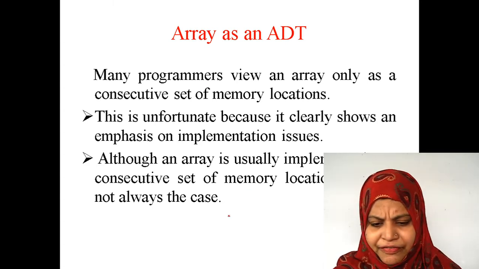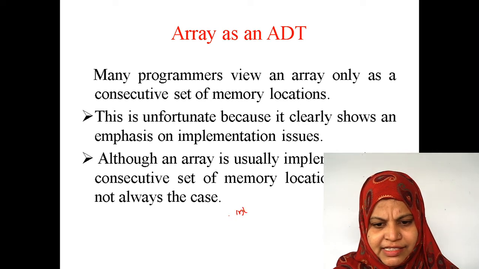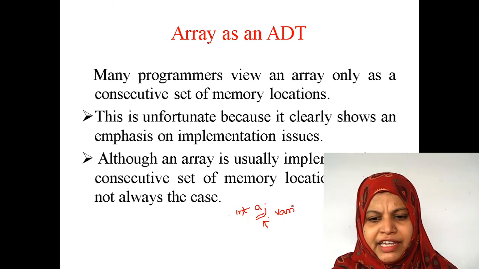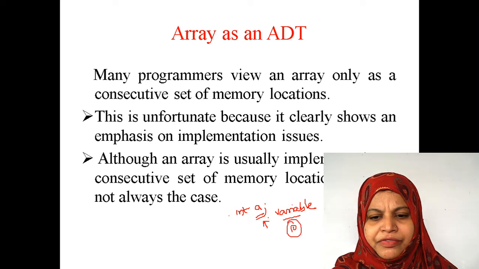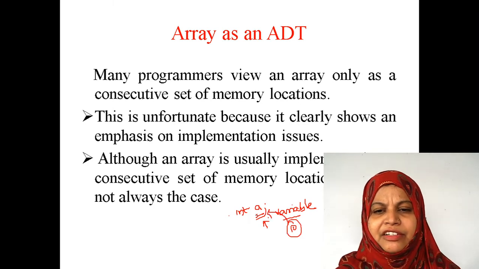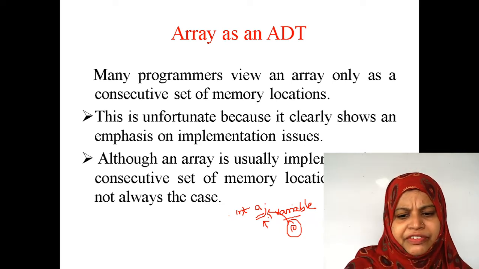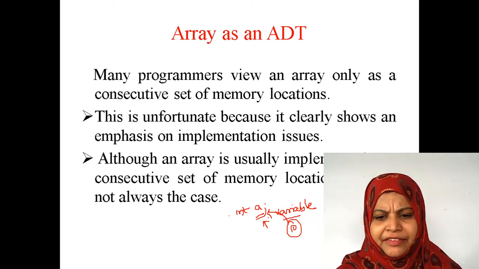For example, int A is there. Int A, what does it mean? Here A is a variable, right? I'll give the difference between the normal variable and the array variable.